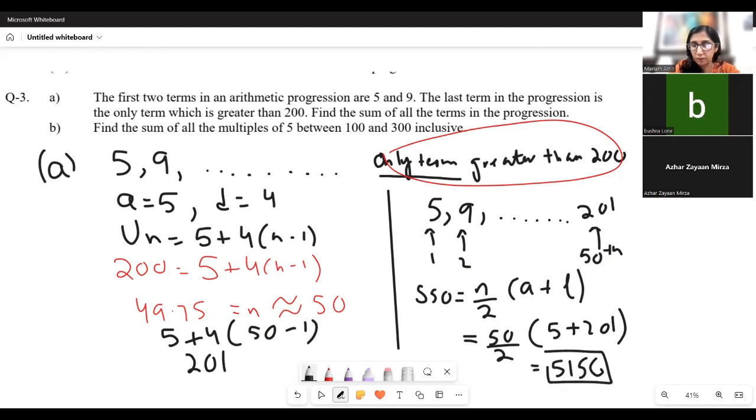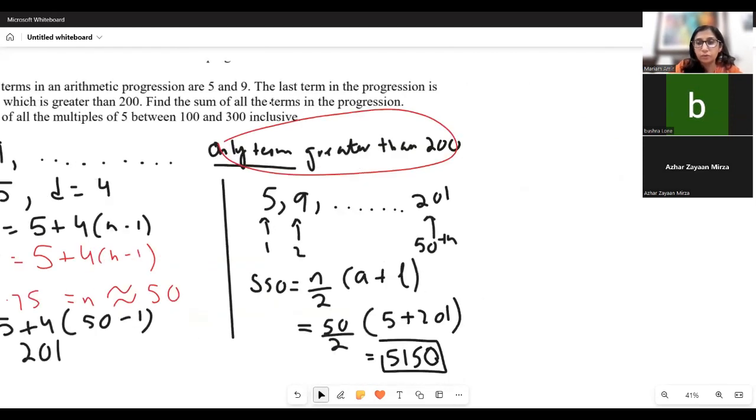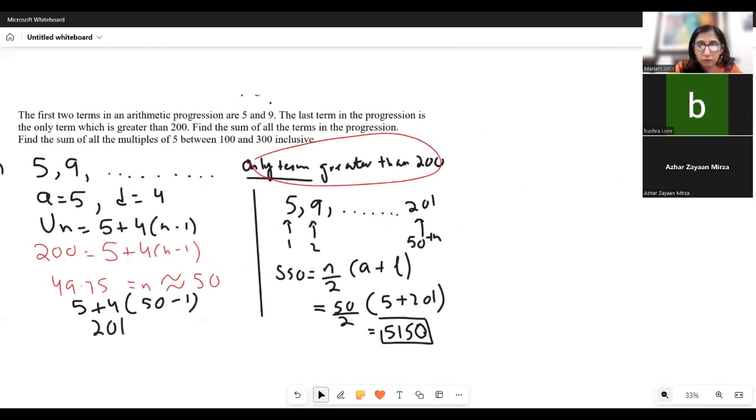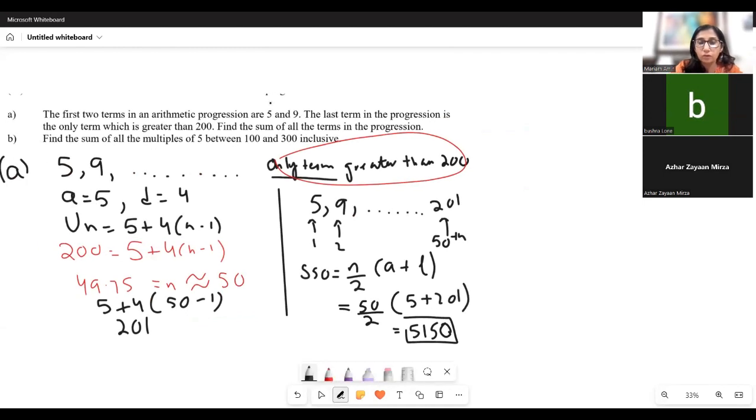This formula is used when you have the last term. Usually you don't have the last term. Okay, that answer is correct. In most cases you don't have the last term, so then you should use this formula, which can also be used in this case: n over 2 times 2a plus d times n minus 1.